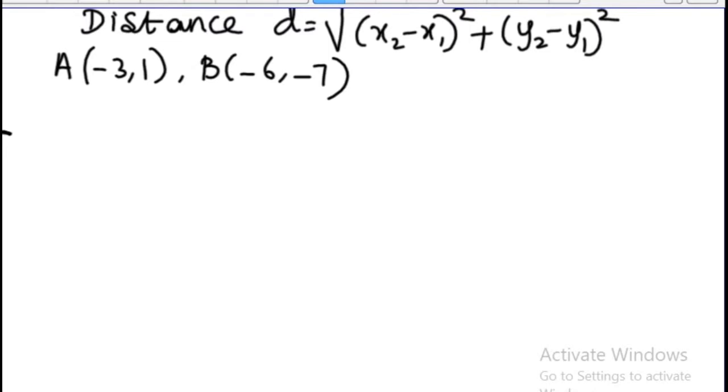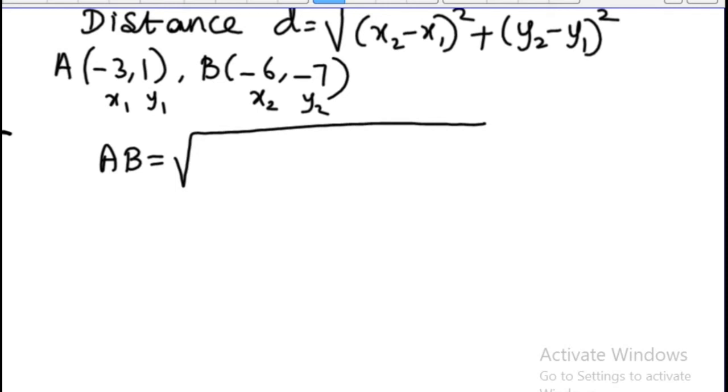So we take these as x1, y1 and x2, y2. Therefore, distance AB is equal to square root of, what is x2? Minus 6, formula minus, and x1 also minus, so it becomes plus 3, whole square, plus y2 is minus 7, formula minus, and y1 is 1, whole square.